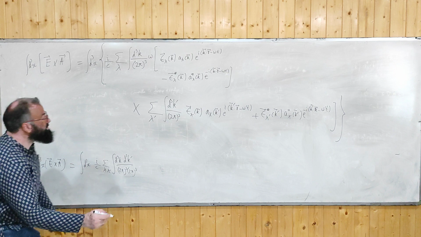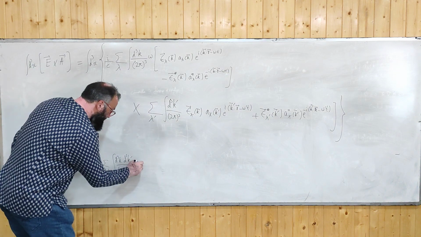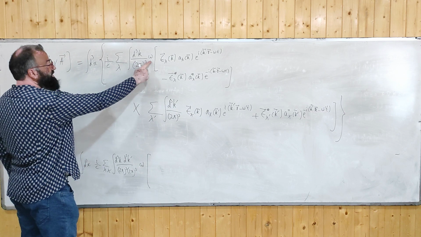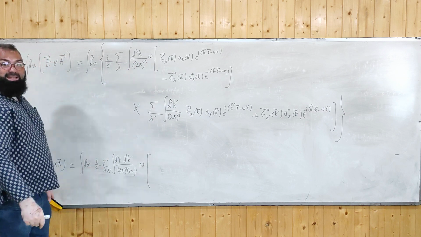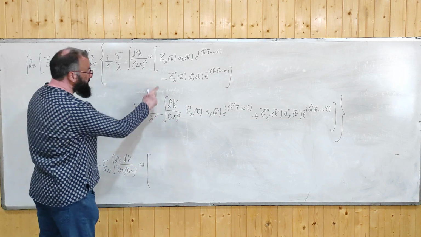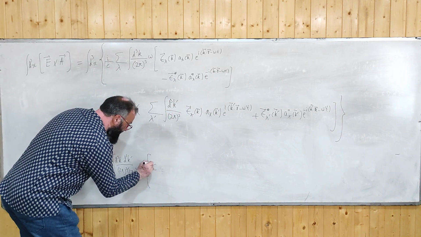Then you are having this omega. You cannot take this omega out because there is an integration over k and omega depends on k. Now let's write this epsilon.